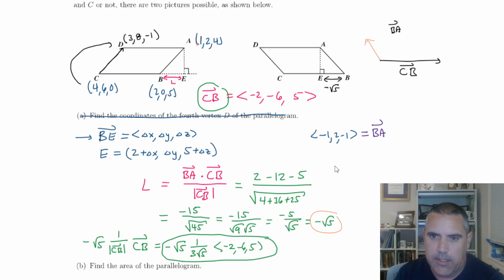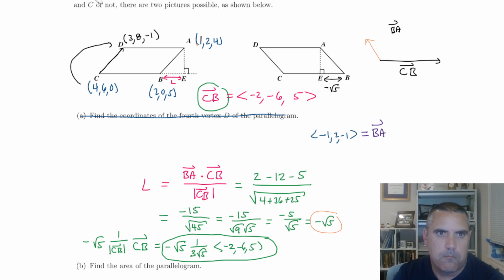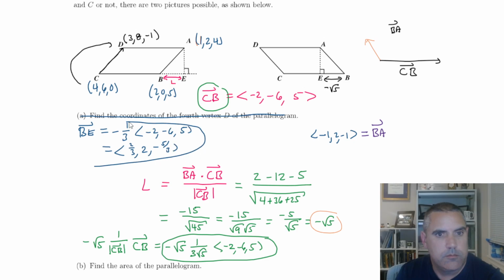So anyways, when all of this is said and done, I get that BE, which is this vector I'm trying to find, is this thing: negative 1/3 times negative 2, negative 6, 5. And so you get 2/3, 2, negative 5/3.